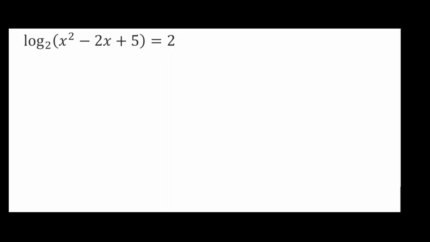And how do we write 2 in logarithmic form? We need to ensure that we write the logarithm such that it's going to have a base of 2, as we have on the left-hand side. So if I want to write 2 in logarithmic form, it becomes log. I'm going to give it a base of 2. And of course, when we have a base of 2, there must be an argument of 2, because the base on the left-hand side is 2.